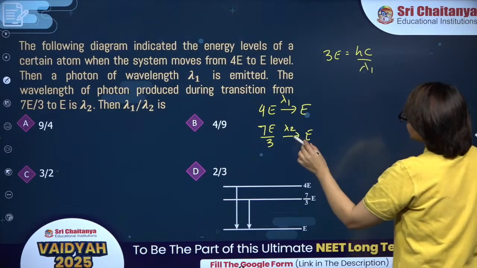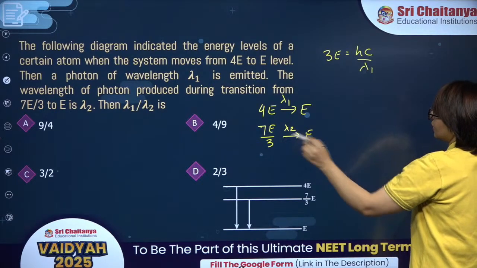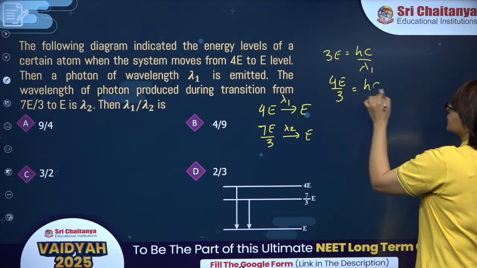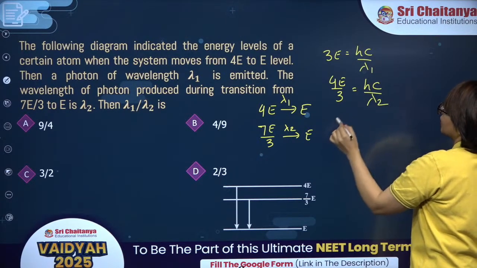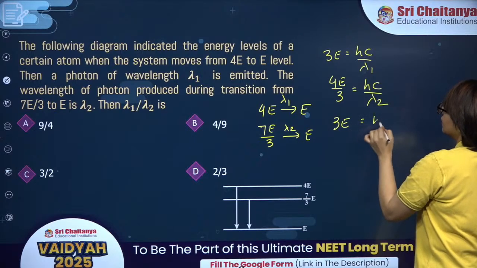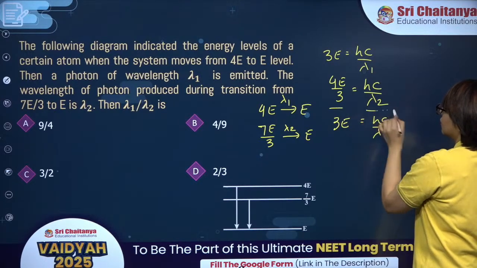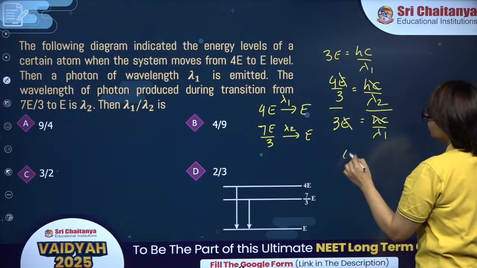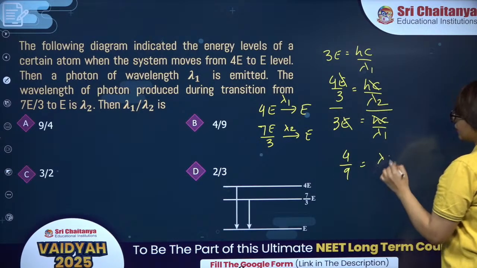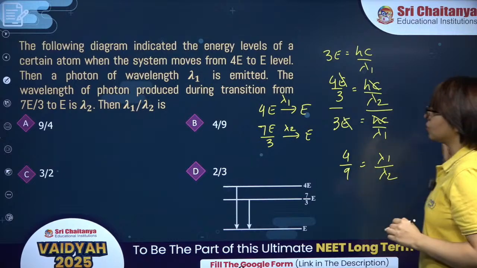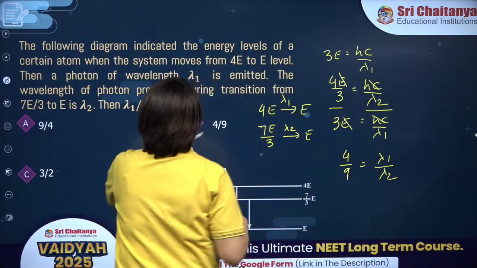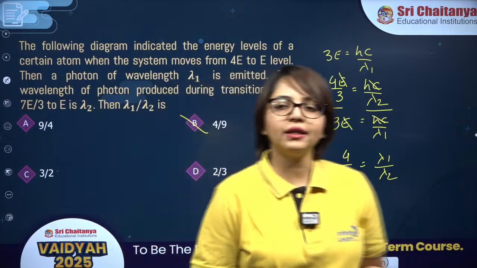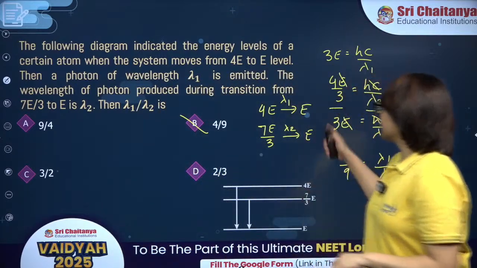In the second case, the energy difference 7E by 3 minus E is 4E by 3, and it should be hc divided by lambda 2. So just divide 3E with this one. hc cancels, E cancels. So 4 upon 9 is lambda 1 divided by lambda 2. So lambda 1 upon lambda 2 is nothing but 4:9, which is option B. Alright, I hope it is clear now.